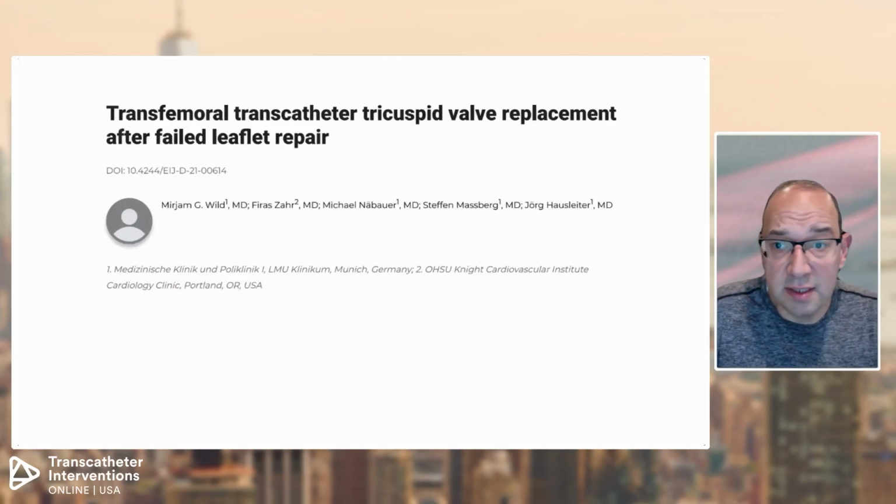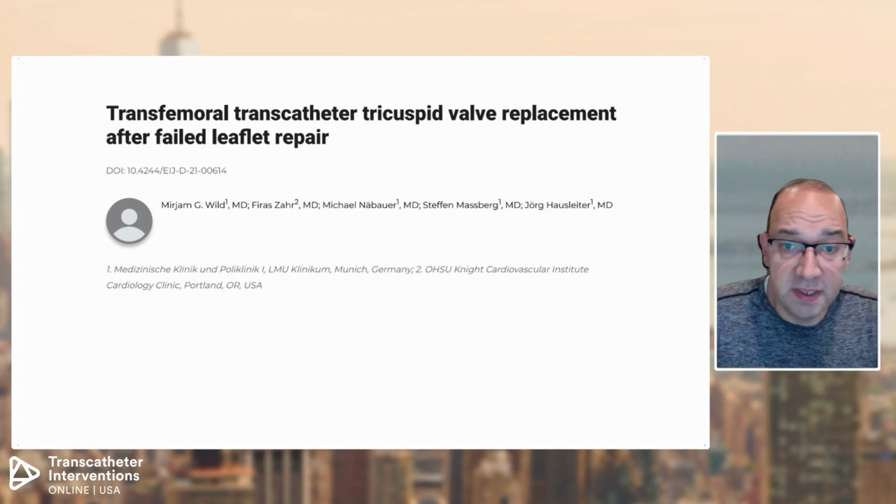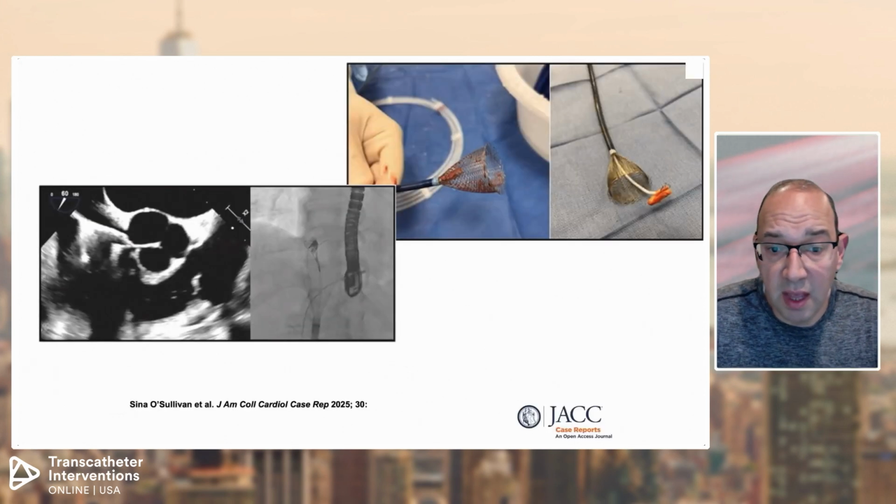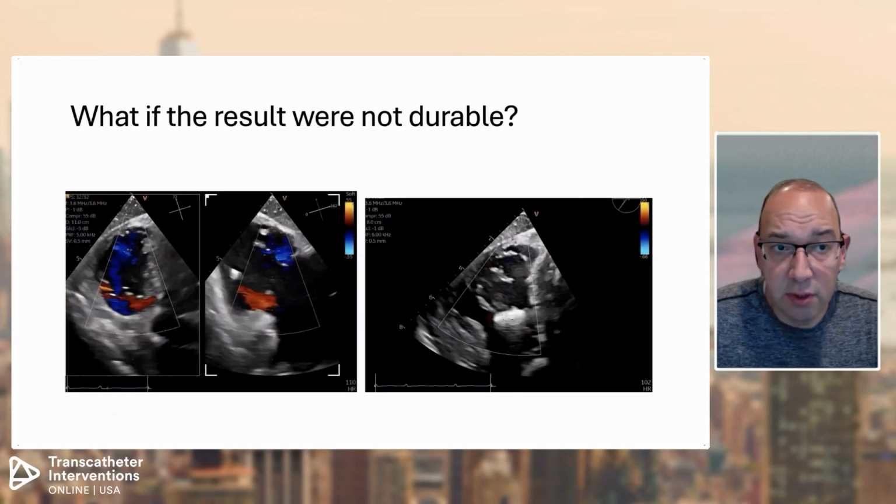We got this case published, and ever since there are multiple reports looking at what to do after failed TEER or facilitated TEER to proceed with TTVR. There are multiple technologies looking at removing the TEER devices and proceeding with TTVR afterward.